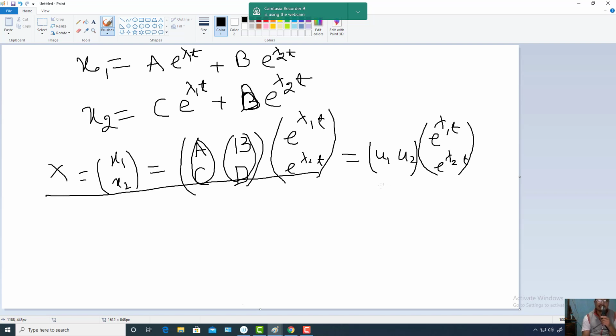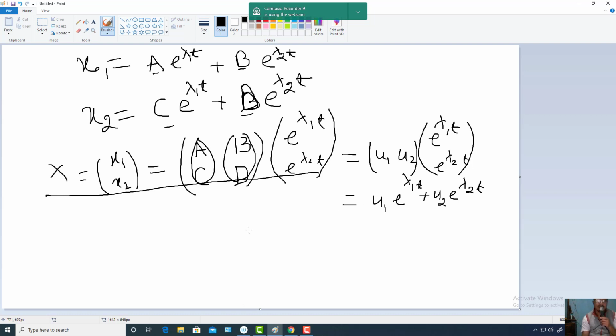So this is now a vector. Here it is constant a, constant b, constant d, and constant c. But if you write a column a, c, it is going to be a vector, and u2 is also a vector now. So you can write u1 e to the power lambda 1 t plus u2 e to the power lambda 2 t.